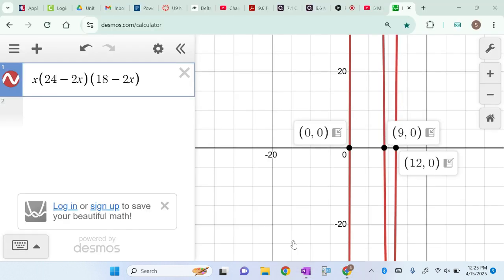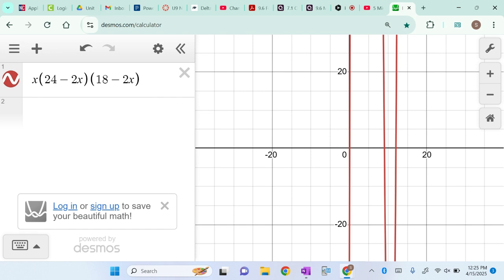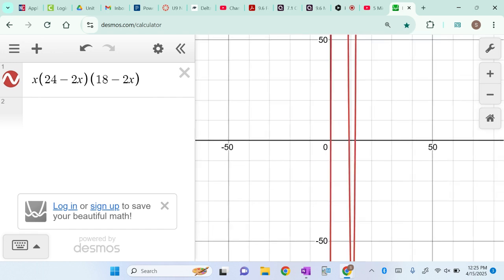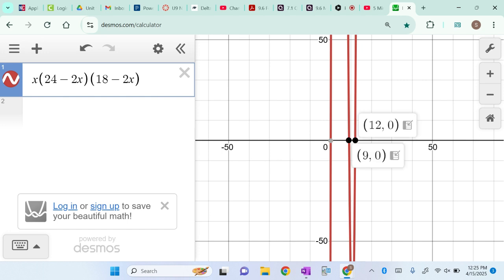So if we're looking at our graph here, we don't really care about what's between 9 and 12 because that's in the negative. We don't really care when it's greater than 12 because it doesn't apply to the situation. What we care about is what's happening between 0 and 9. That's our domain.